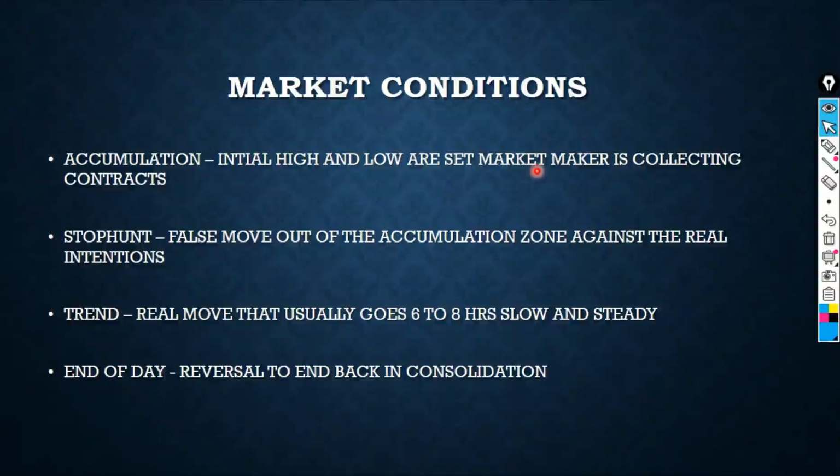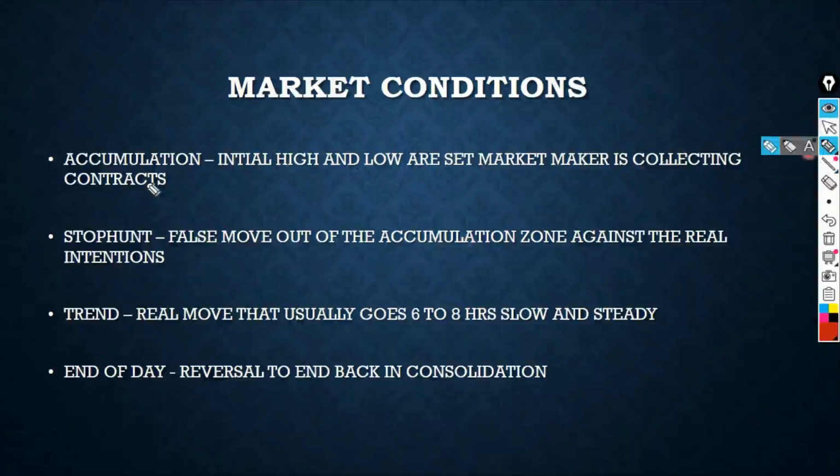So let me move to the charts and show you what I was talking about. So we have some market conditions, like I said before. Let me pick a pen. Which color is good? Red.